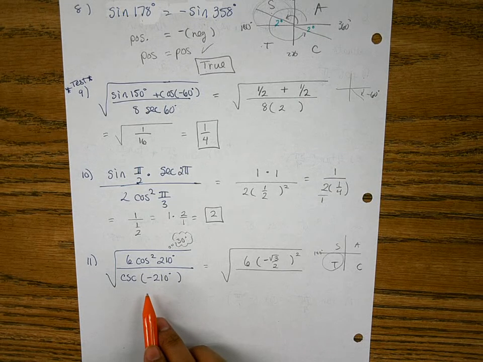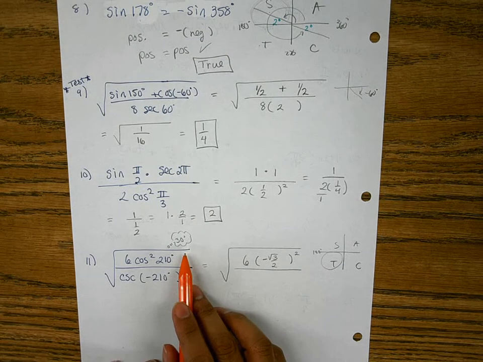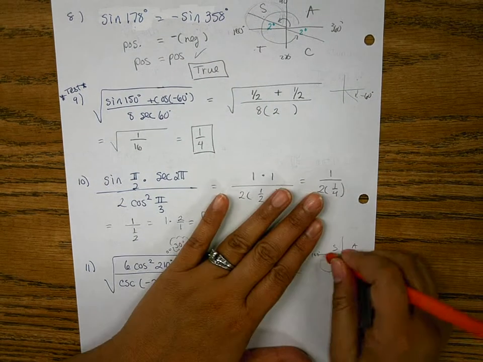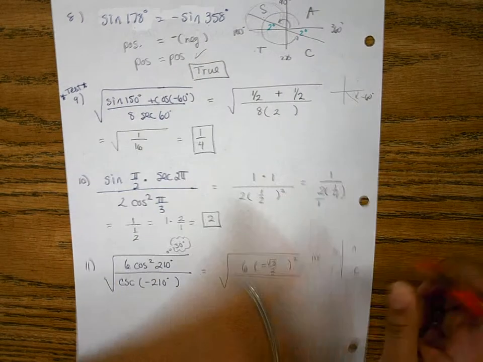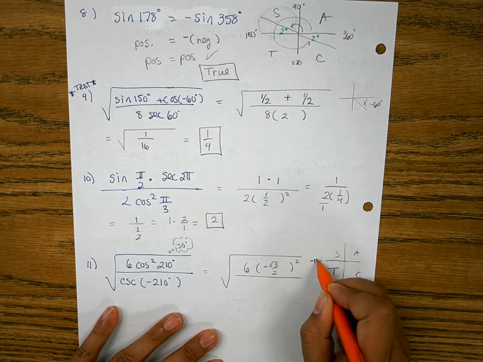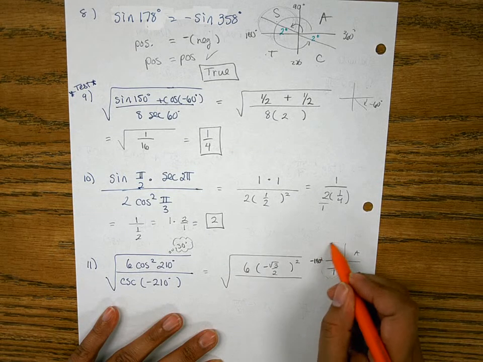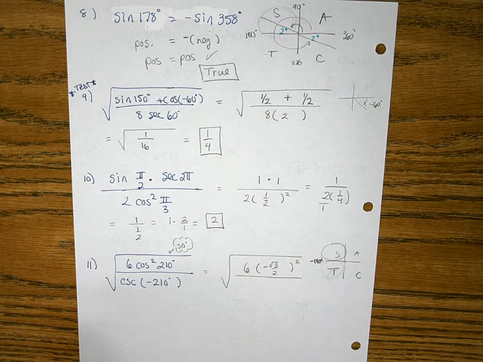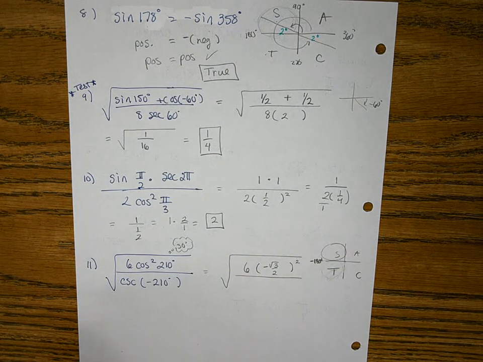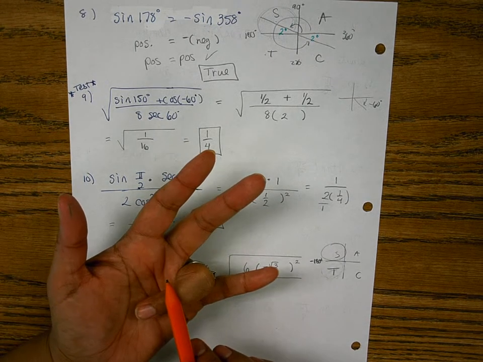Okay, cosecant of negative 210. So this is another 30 degree reference angle. Where is negative 210? If this is negative 180 degrees, the negative 210 is in this quadrant here. Do you see that? And it still has a reference angle of 30.